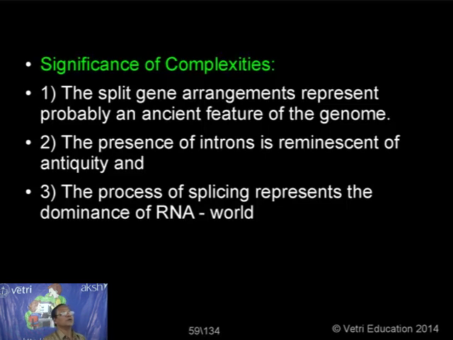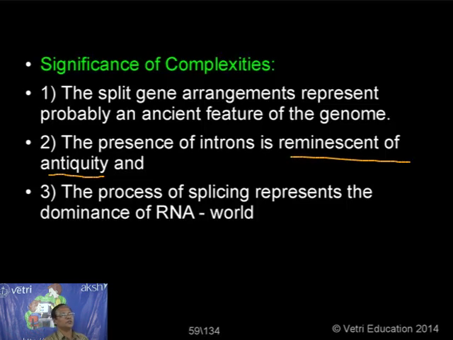And secondly, the presence of introns is a reminiscent, a leftover of antiquity. The ancient character has been retained somehow, just like a vestigial organ. We have a number of vestigial organs in the body without any functions. Like that, introns are found just as a vestigial organ, a leftover material of the ancient one, namely antiquity.